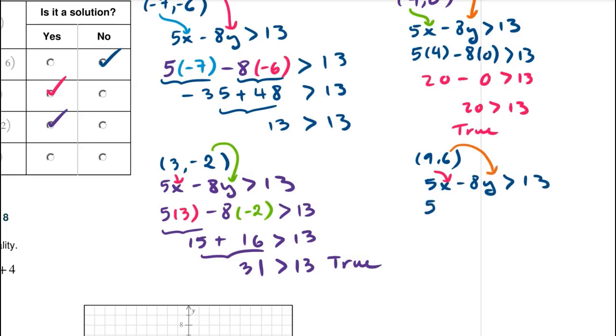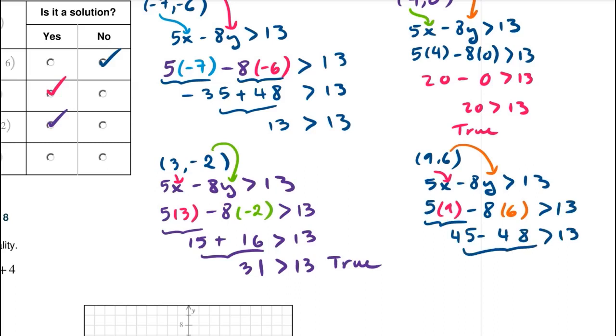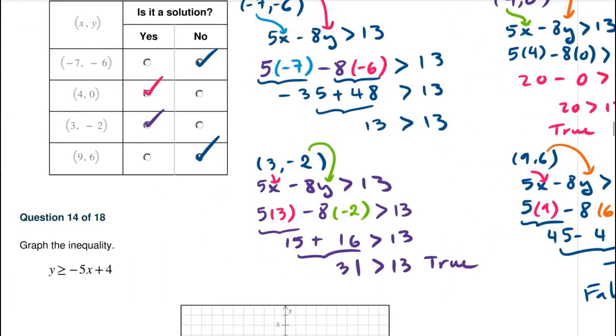That will give us 5 times 9 minus 8 times 6 greater than 13. 5 times 9 is 45 minus 48 greater than 13. Combining like terms, that will give you -3 greater than 13. So this is a false statement because a negative number cannot be bigger than a positive number, so it's not a solution. The answer is no for the last point.